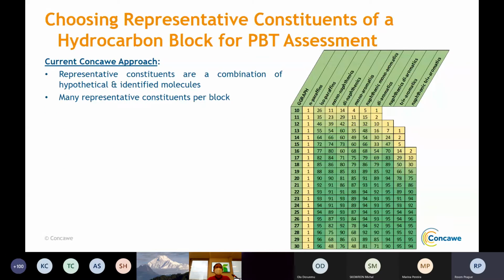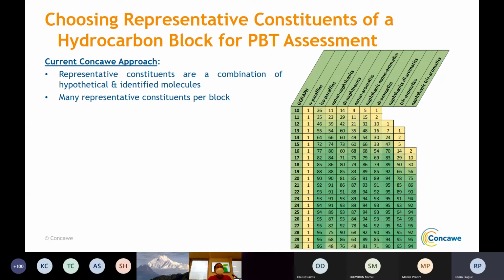There's a second set of questions that we would also have, which was, once we decide on the blocks, how do we choose representative constituents? Right now, in this graph on the right, we've just placed the hypothetical library into more or less the blocks that they would belong in.